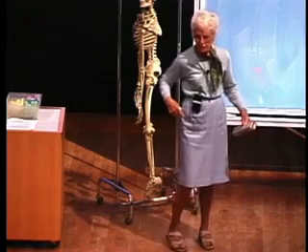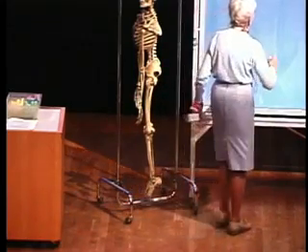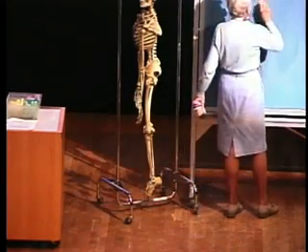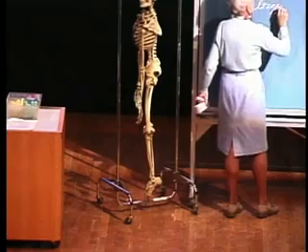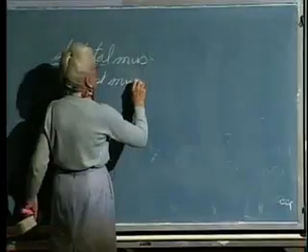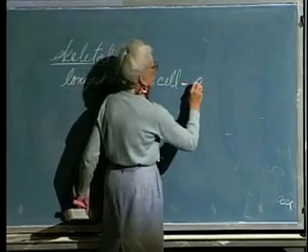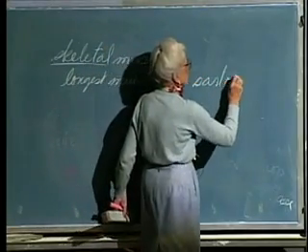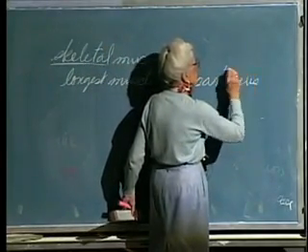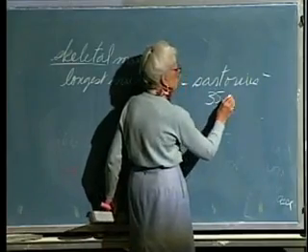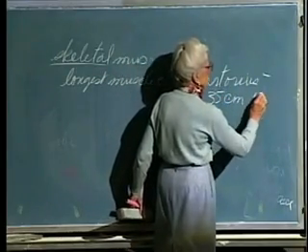Sartorius, right? The longest muscle cells are the sartorius. How long did we say it was? About 35 centimeters, 14 inches.